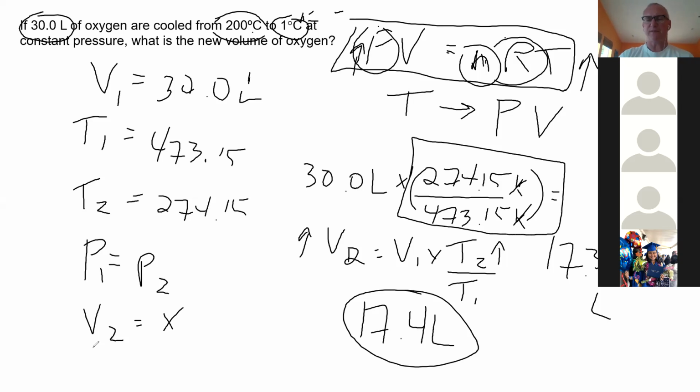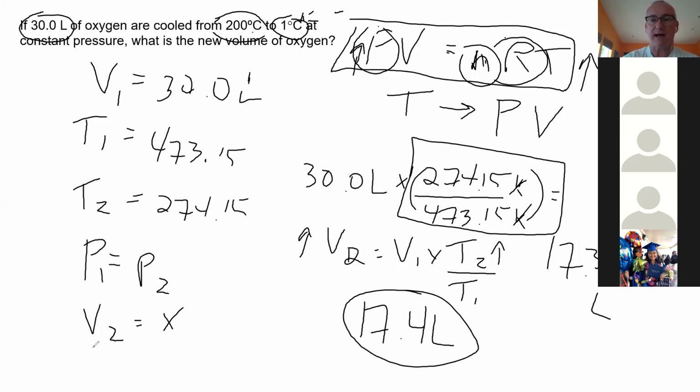Is that clear to everybody how you would do that? In this instance, you don't even need to manipulate the equation. But you need to look at the equation and see what the relationships are between the variables. Since pressure and volume are on one side of the equation and temperature is on the other, they're directly related. If they're on the same side of the equation, they're inversely related.